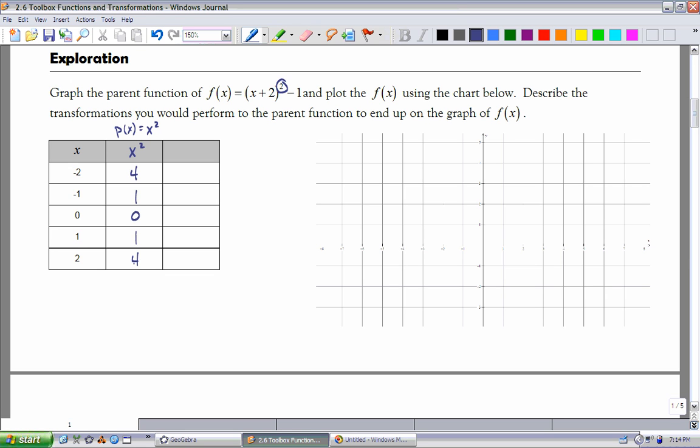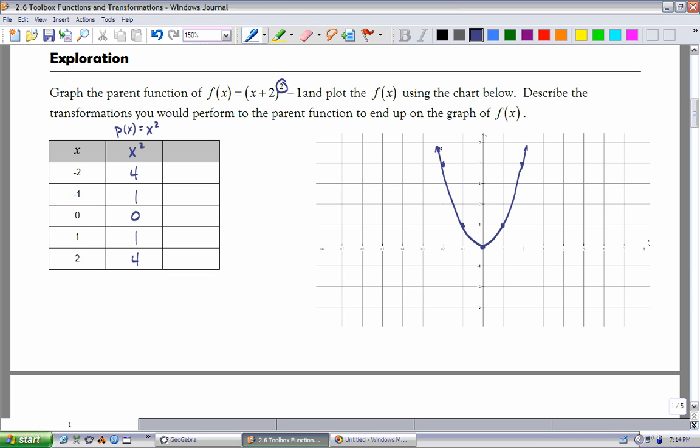Okay, so here's our graph of y equals x squared, right? At 1 we have the point 1, 1, at 0 we have the point 0, 0, at 2 we have the point 4, and I should have went the other way too. At -2 we have the point 4, at -1 we have the point 1. So here roughly is our graph of x squared.